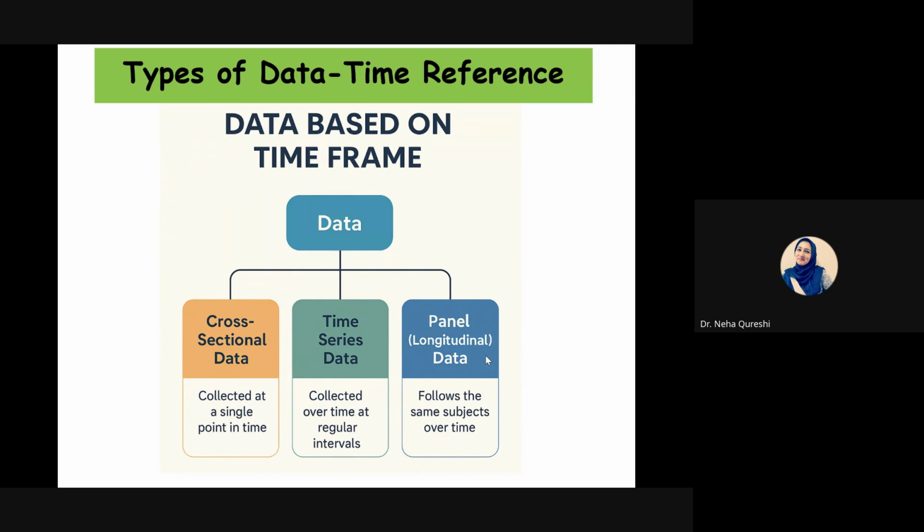The time interval depends. It can be daily also. Like if I ask you to take the price of a stock, say HDFC Bank stock, for the last 1 week, you will take data based on hours also, based on minutes also. So that time frame varies. It can be hours, days, weeks, months, or years.